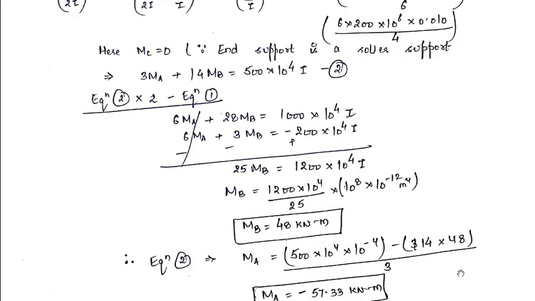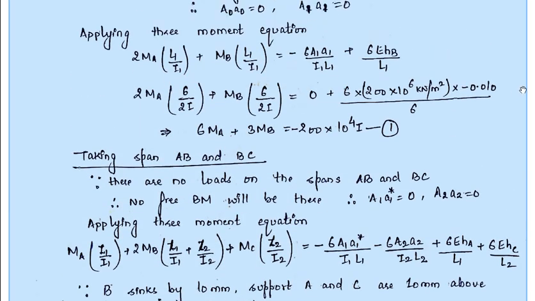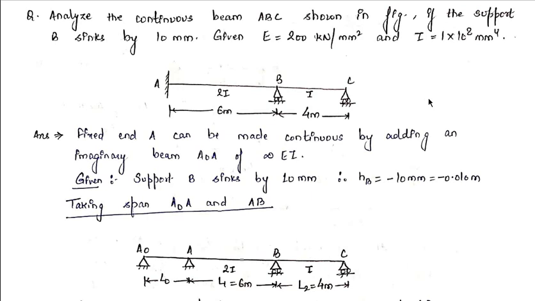Now let's come to the simplification of this equation. After putting the values, this equation will be simplified like this. So you just have to put the values. While putting these values, you have to keep one thing in mind: in the question, the value of E is given in terms of kilonewton per mm square.